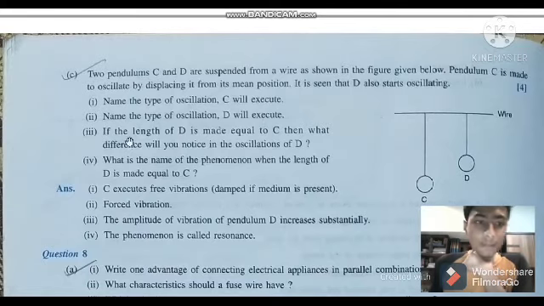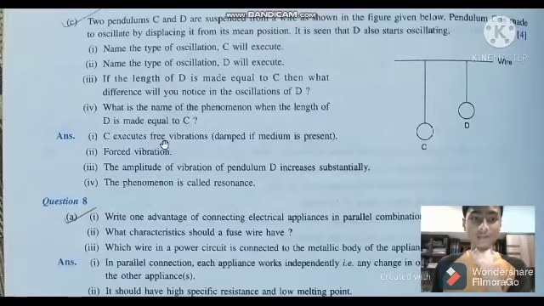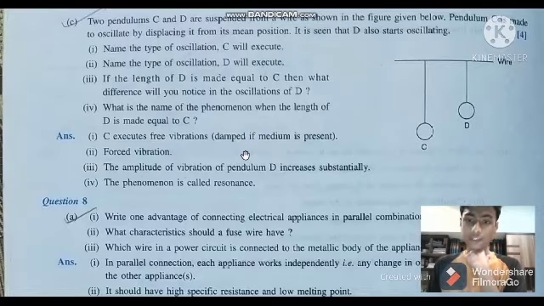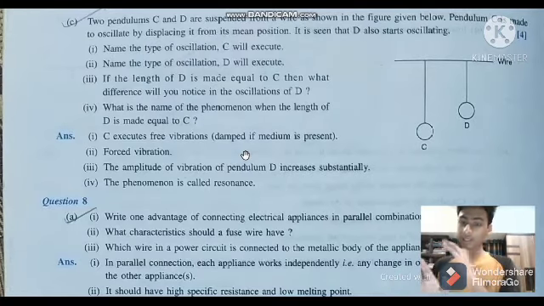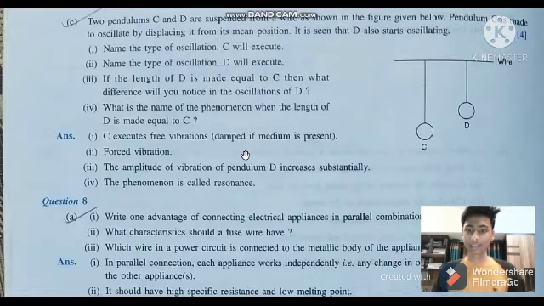Simple. And part 2 is, name the type of vibration that D is going to execute. D is obviously going to execute a forced vibration because of the frequency of C, and ultimately D is coming in phase with it, although not resonant in this case. Since their lengths are different, they don't have the same frequency, so no resonance in this case. But what is going to happen is they're coming in sync. That is the main thing.